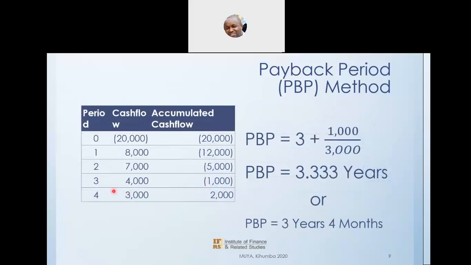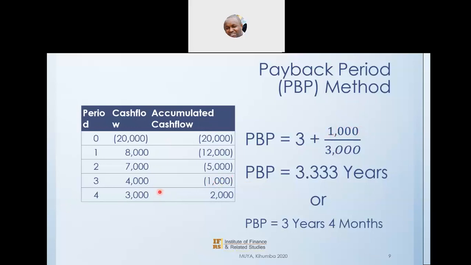What we do, at least by the end of year 3, we still haven't recovered everything, but in year 4 we know we'll have recovered. So at least we know our payback period is 3 years plus how much more do we have to recover as at the end of that period. You notice we've got 1,000 to recover.